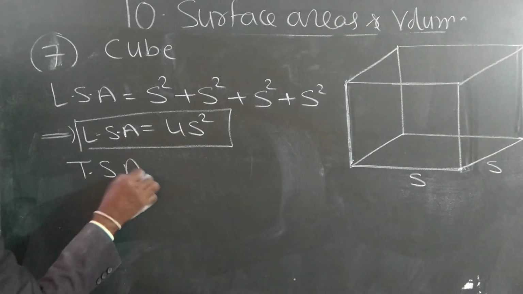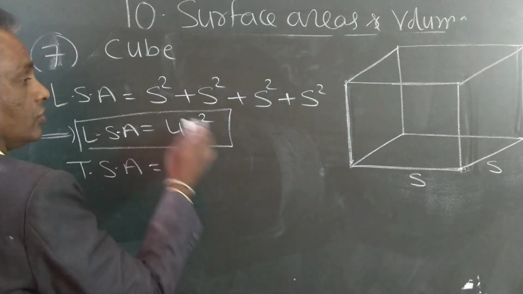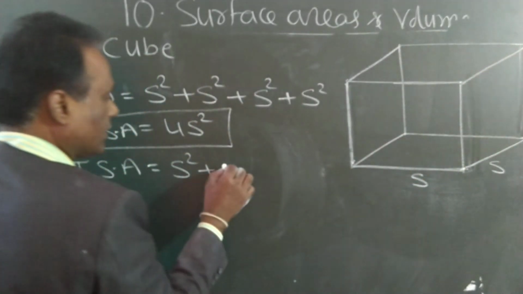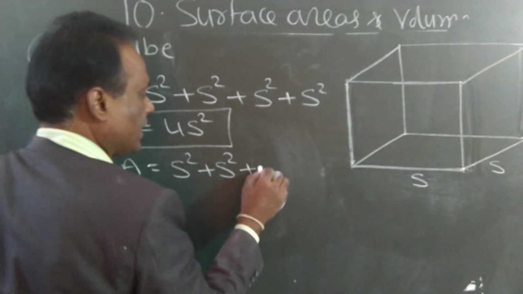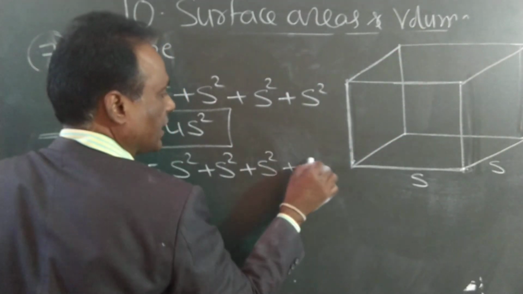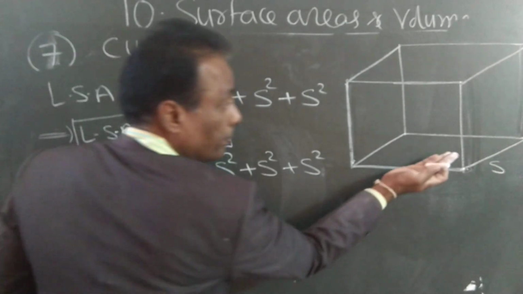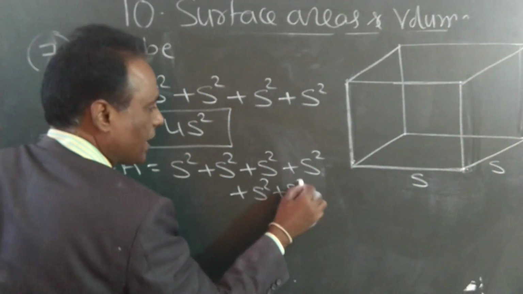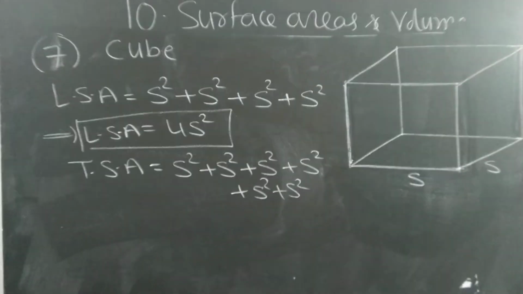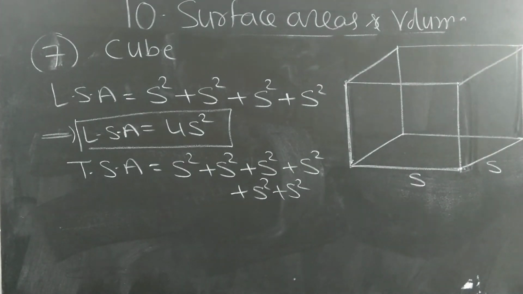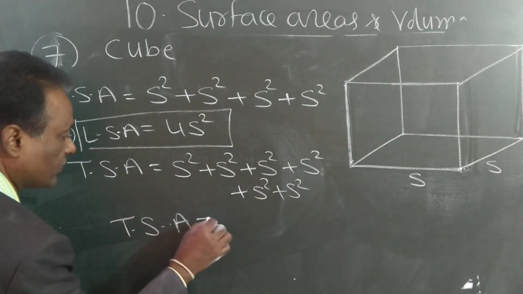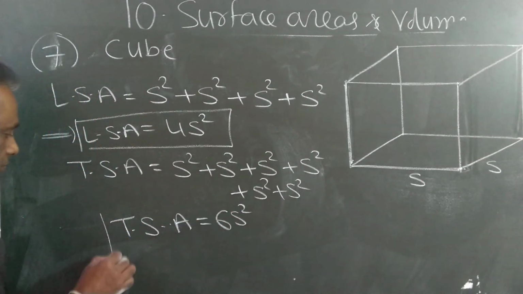Total surface area means four side faces S square each, plus base area S square and top area S square. So total is 6S square. Remember this formula, total surface area 6S square.